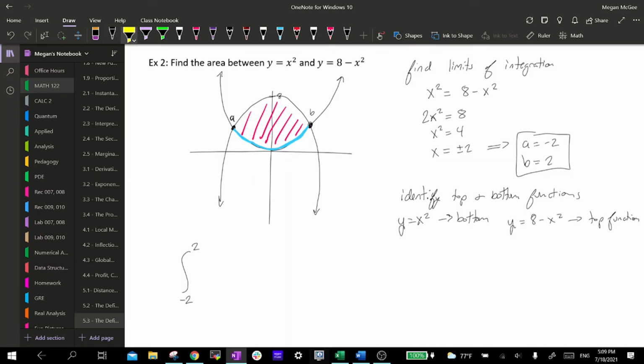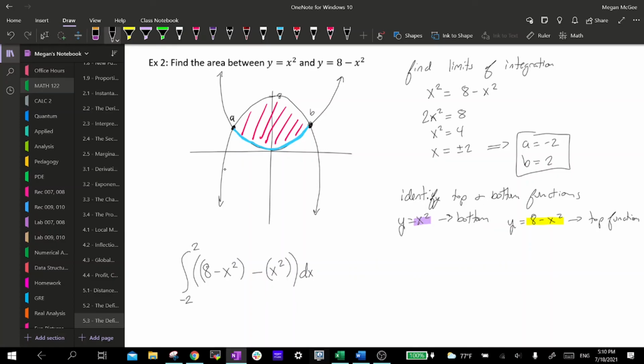So our top function was 8 minus x squared, so parentheses 8 minus x squared. I'm going to go ahead and put these in an extra set of parentheses just to be super clear what we're doing here. Minus our bottom function. So minus x squared. And close parentheses. Don't forget your dx for proper notation.